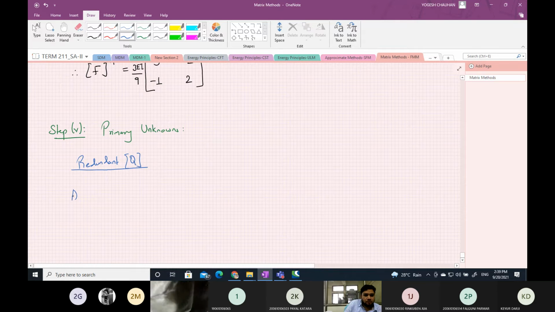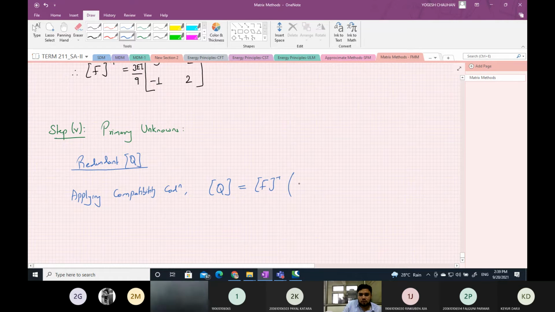Okay. So applying the compatibility condition, we'll have Q is equal to F inverse, dQ matrix minus dQL matrix.